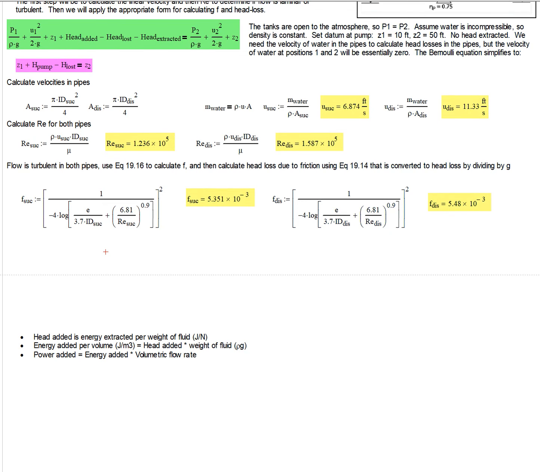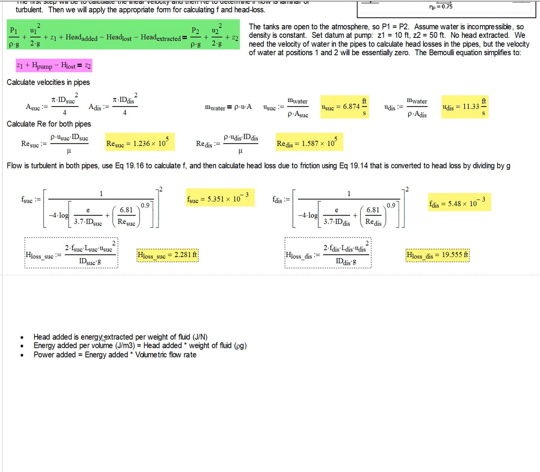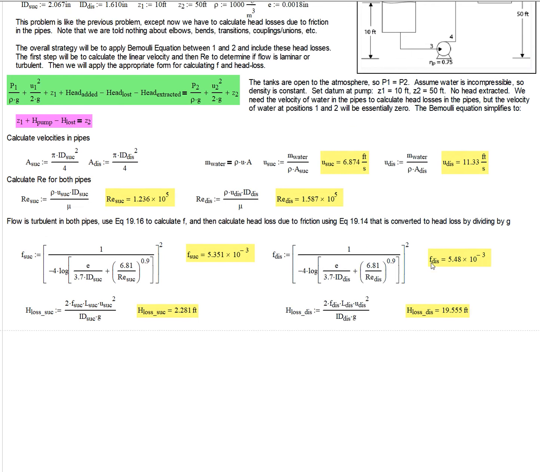And then what we can do is we can then directly calculate the head losses for both sides of the pipe. And so that is given here. So the head loss on the suction side is 2.28 feet. The head loss on the discharge side is 19.55 feet. Does that make sense?